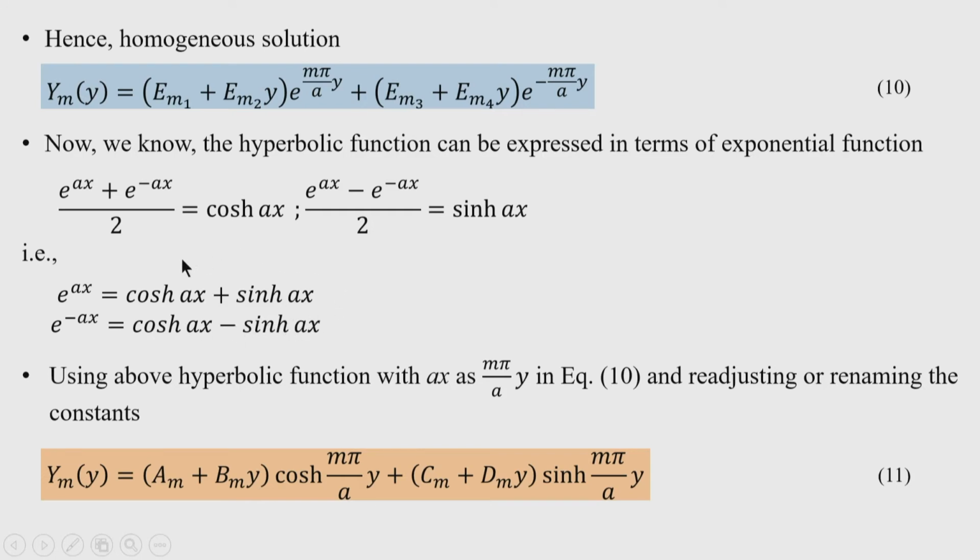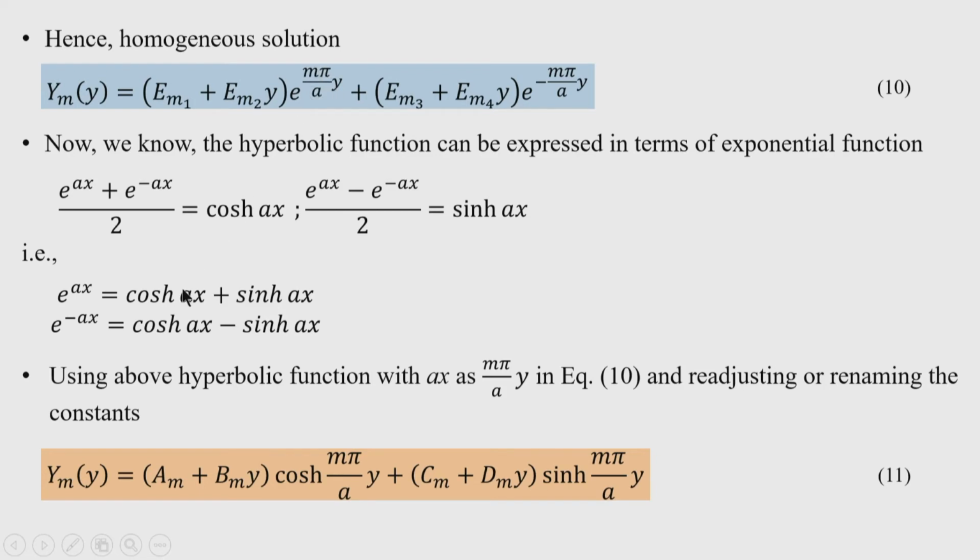So, our intention is to express the solution in terms of hyperbolic functions. Okay. So, using the hyperbolic function with a x, suppose here we have m pi a by y, is it not?